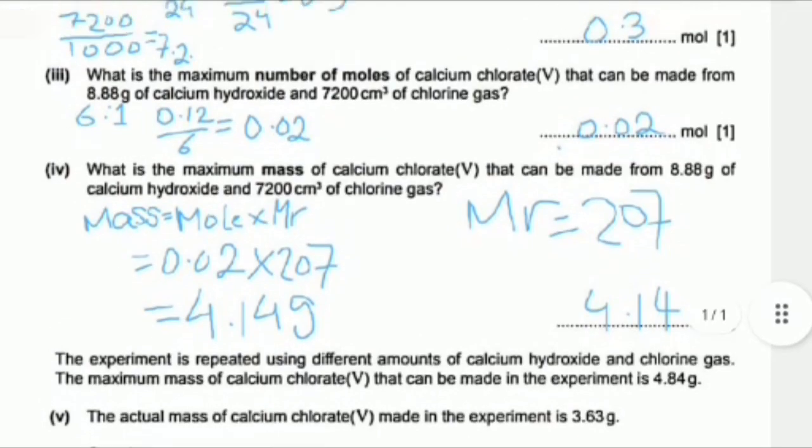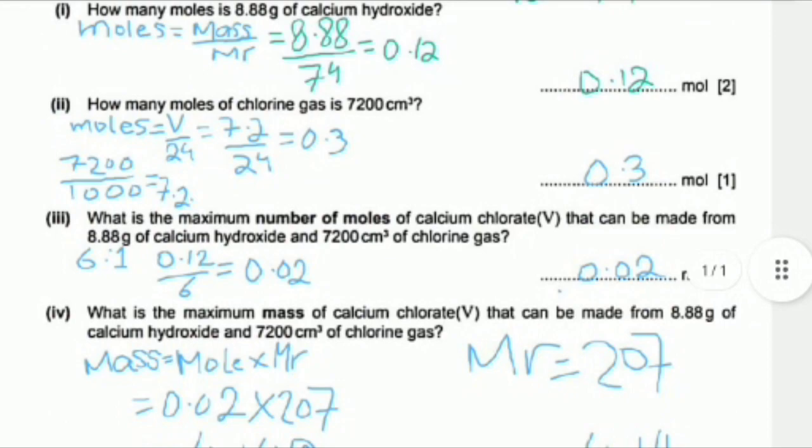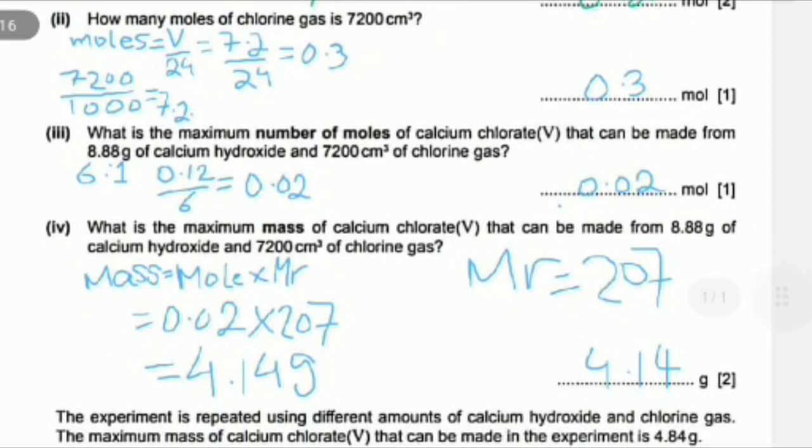The smallest value of moles is 0.12. As we are given both the moles of chlorine gas and calcium hydroxide, we have to use the smaller one.